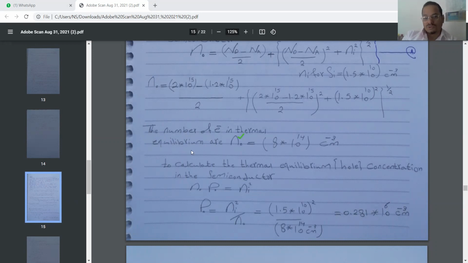Now, to calculate the thermal equilibrium hole concentration in the semiconductor, we will use the mass action law: n naught times p naught equals the intrinsic carrier concentration squared. We know n naught, because it is A exponential 14. That means we will do this simple math, and p naught equals 281 exponential 16.